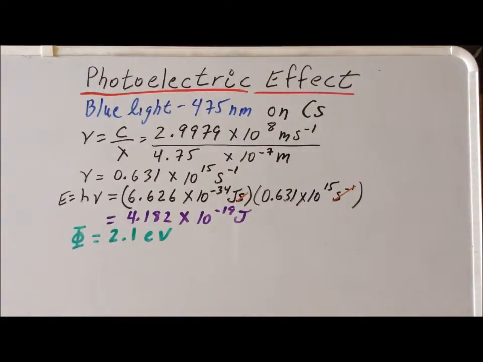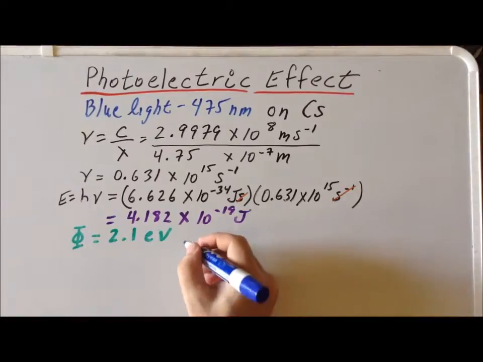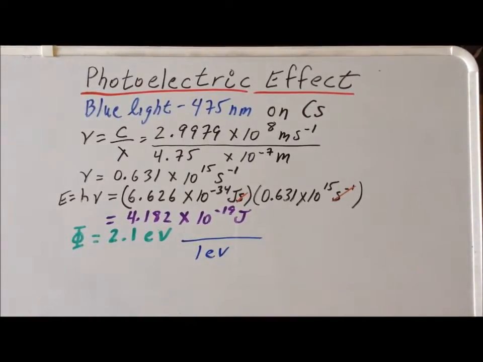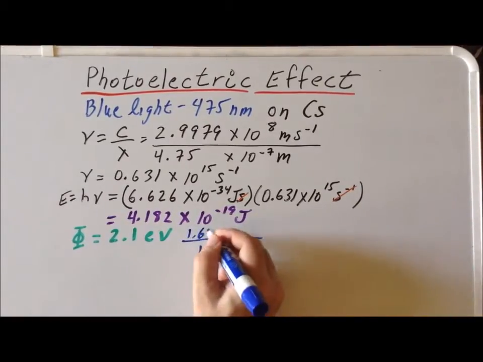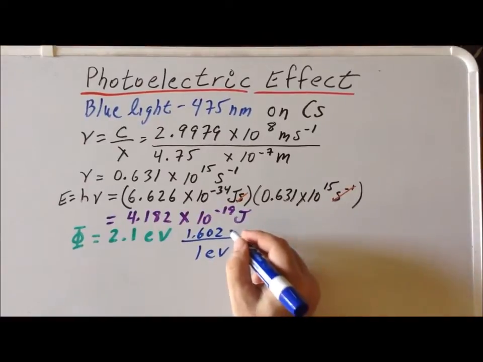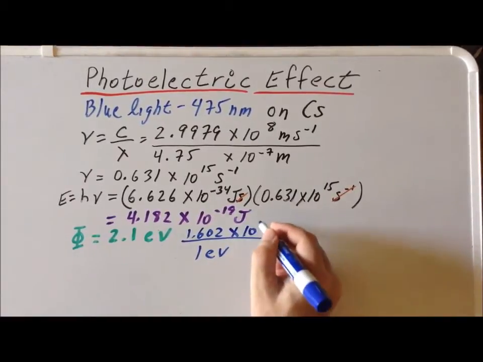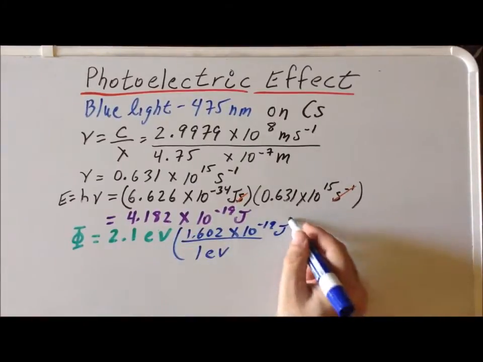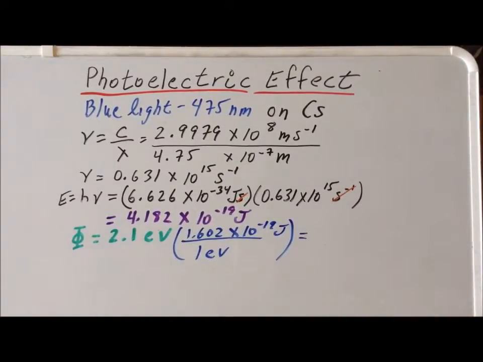So now 1 electron volt is equal to 1.602 times 10 to the minus 19 joules. So we can do a unit conversion here to actually convert the work function into more convenient units of joules.